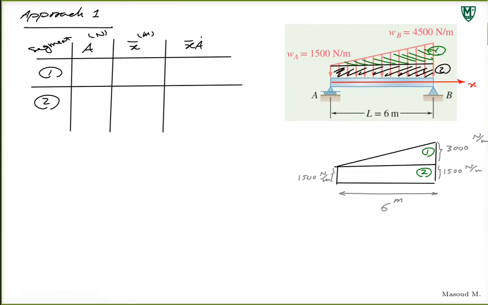And x bar A would be Newton meter, and this also becomes Newton. Right? Maybe that clears that up. This becomes Newton meter. Maybe the units were confusing. That should make it better.